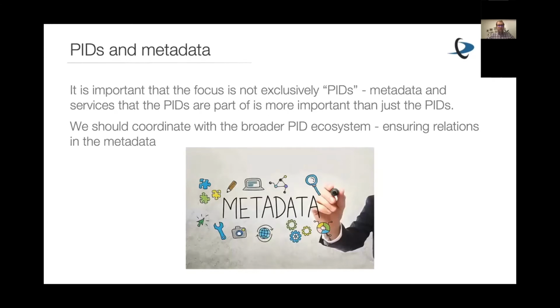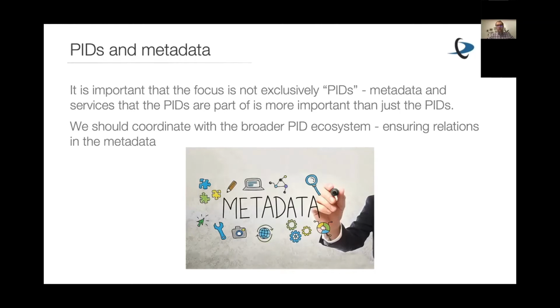Importantly, when we talk about persistent identifiers, it's really important that we do not focus exclusively on persistent identifiers. This is something that I hear time and time again, that persistent identifiers are what we need. But it's really important to emphasize that metadata and the services associated with persistent identifiers are more important than just persistent identifiers in their own right.